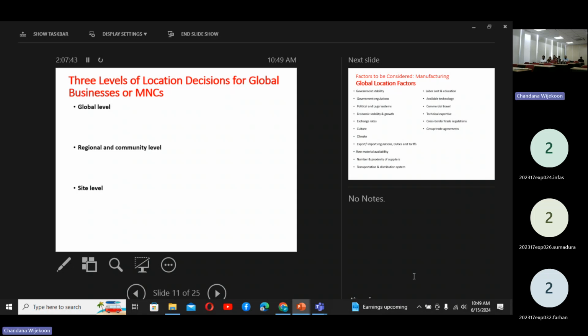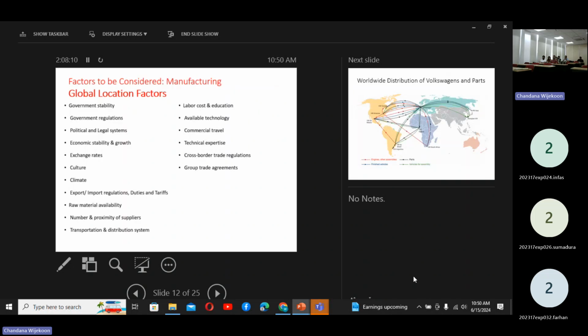Different regions, different continents in the world, for selecting a better region and country first. Some of these factors are considered by decision makers, especially factors like government stability, government regulations, and the political system of the region, and other factors.